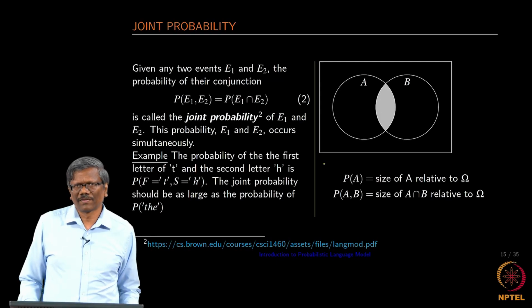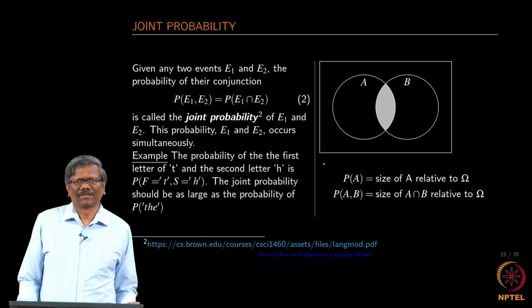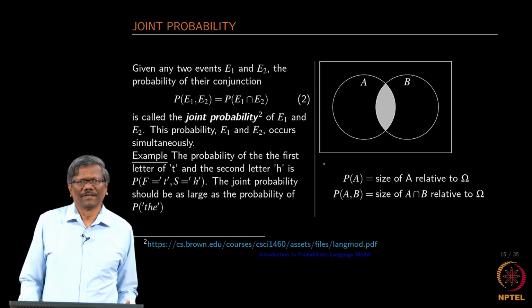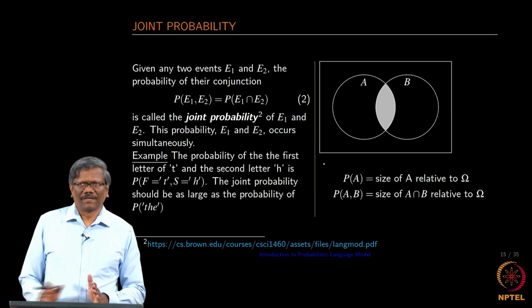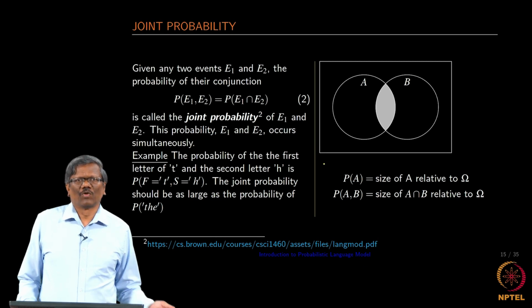So, let us get on to the next term, which is the joint probability. Now we have defined what an event is, and we want to find out whether two events can be combined to get one more probability number.